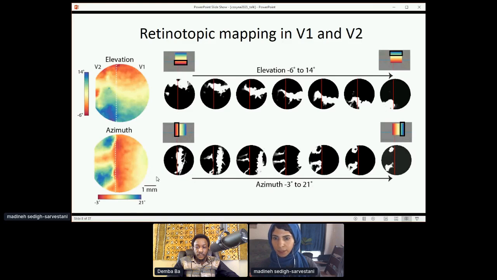And it's not clear immediately what sort of transform takes this input pattern of the visual field on the monitor and produces this striped pattern on the surface of V2 with multiple gradients between periphery in blue and center in red.